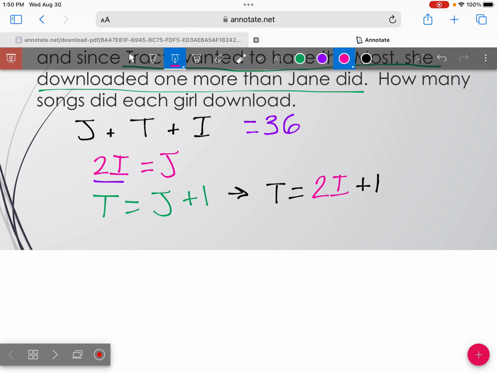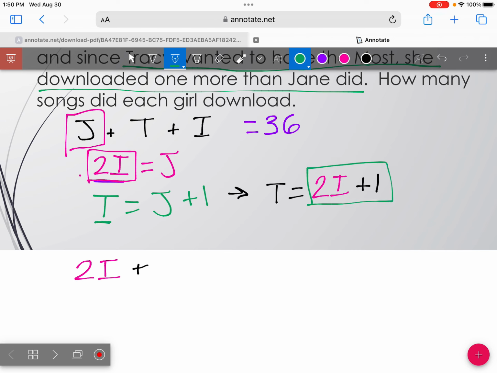So I know that J is the same thing as 2I. So I can replace this J with 2I plus T. T, we said, is the same thing as 2I plus 1, right?